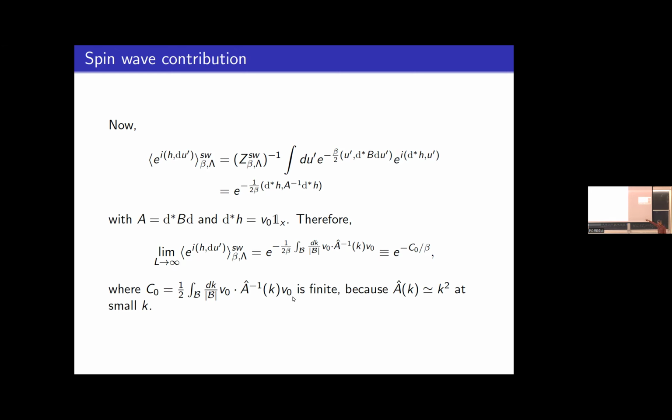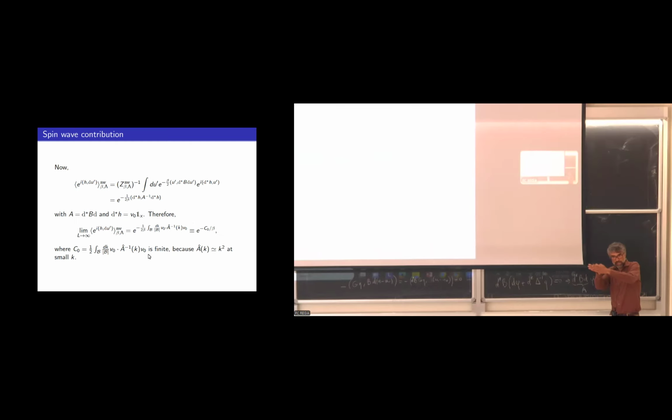It's exactly the same A of k that I introduced yesterday. It's this operator here, and yesterday I was computing exactly this.